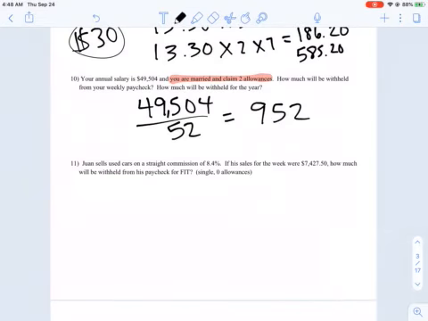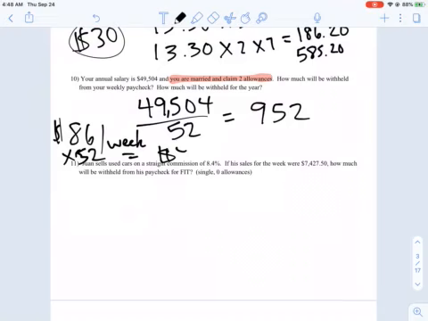So married with 2 allowances at that pay rate would be $86 per week. But they also want to know how much that is per year. So we're going to take that 86 times 52, because there's 52 weeks in a year. So that tells us that there's $4,472 per year. And this little slash means per, if you didn't know.